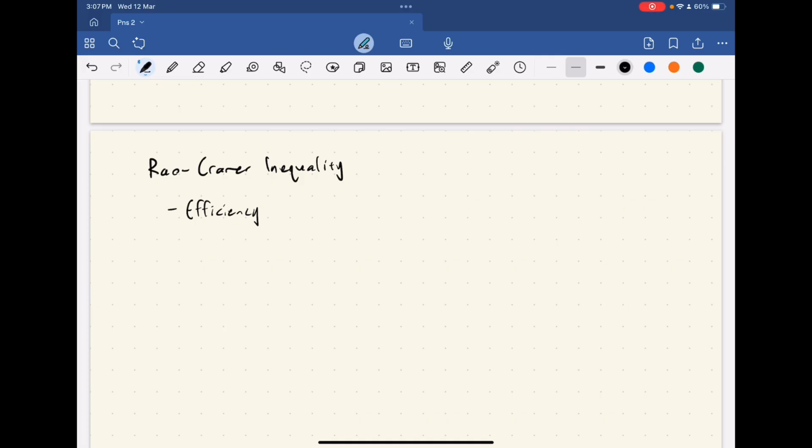Let X1, X2, up to Xn denote a sample with PDF f(x given theta), where theta belongs to the parameter space, and this parameter space is specified like this.